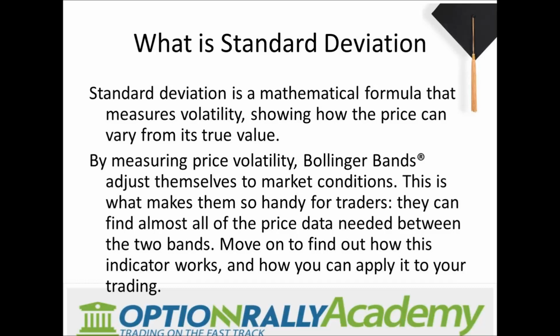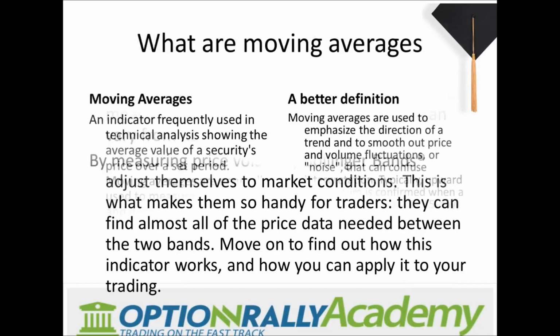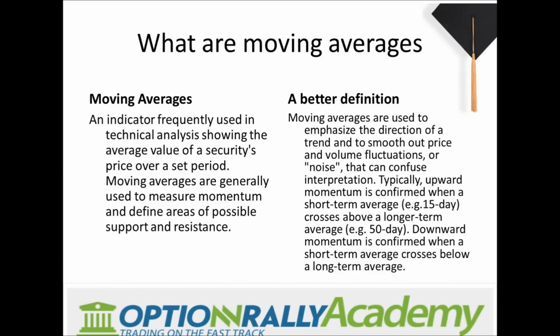For those of you who don't understand what a moving average is or don't know what they are, a moving average is an indicator used frequently by technical analysts that shows the average value of a security's price over a set period of time. It's just an average. So if a stock was trading or an asset was trading at 10 and was 10, 10, 10 for the last 5 days, you take the 10, 10, 10, add it together, you get 50, divided by 5, and the average for that would have been 10.